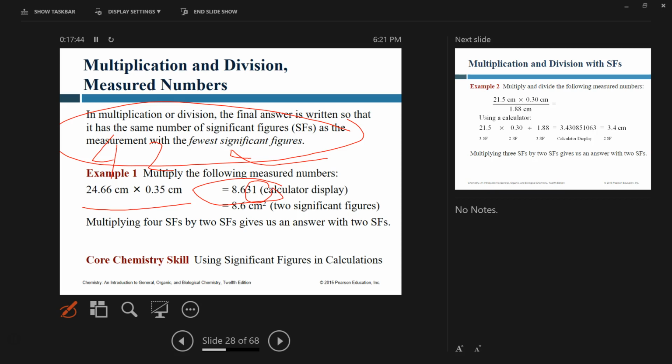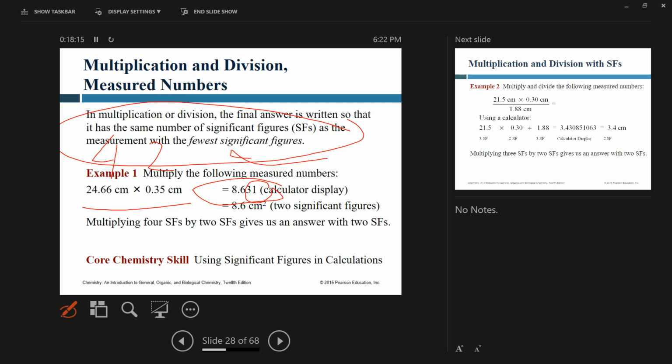If you multiply a number with 7 significant figures by a number with 1 significant figure, then only 1 in the answer. You may have 107, and if you multiply it by a number with 1 significant figure, you have 1 in the answer. Is that clear? Are there any questions about it?